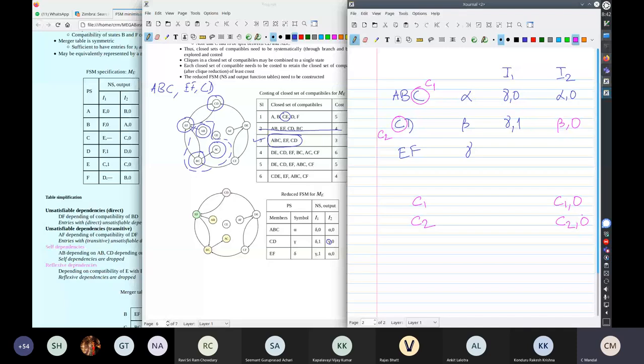Alright. Now let us see EF. So EF is going to CD, which is beta.